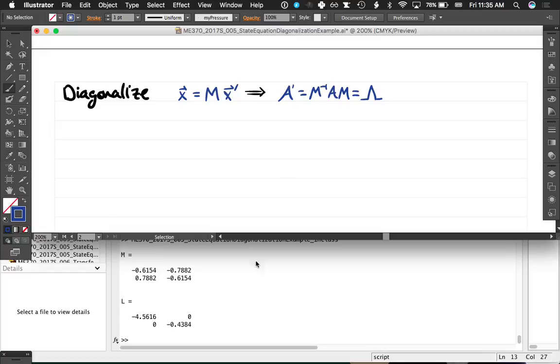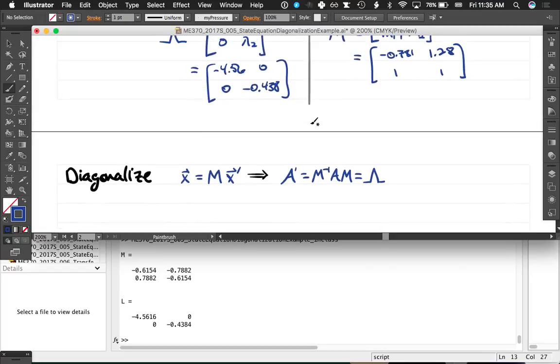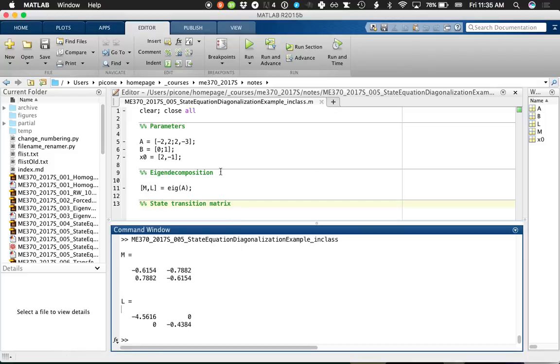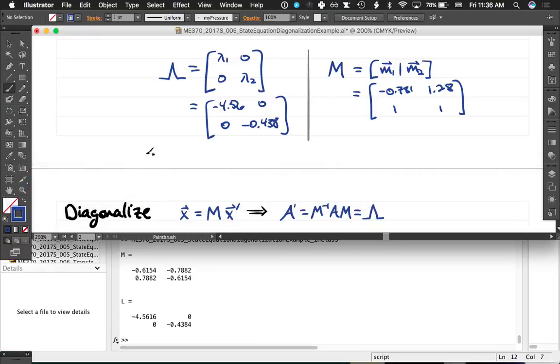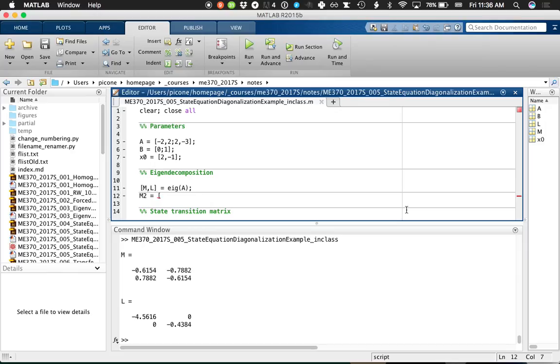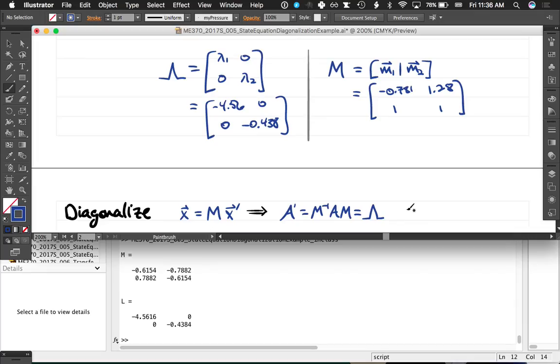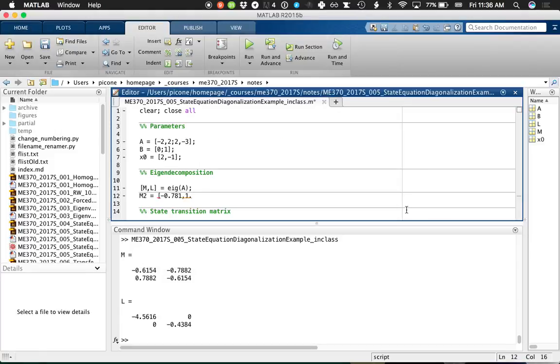We're going to define an M2 here. M2 equals what our eigenvector matrix came out to be, which was negative 0.781, and then 1.28, and the second row is just ones.